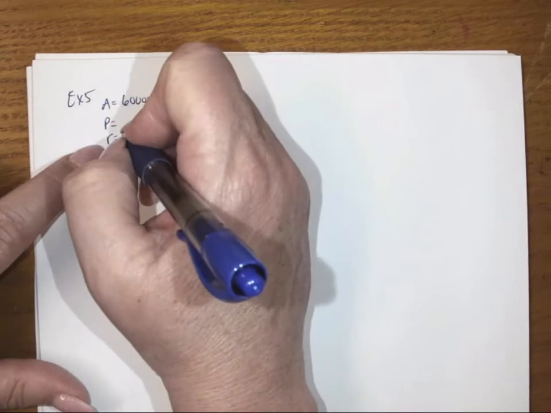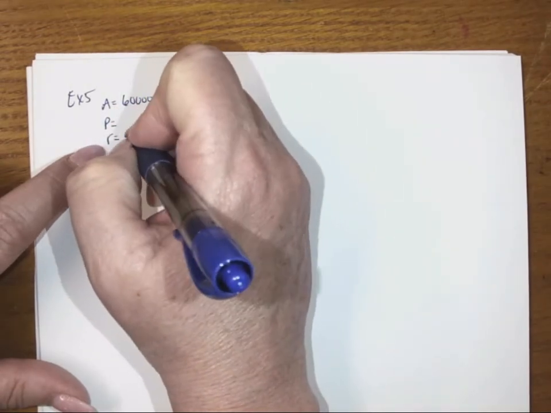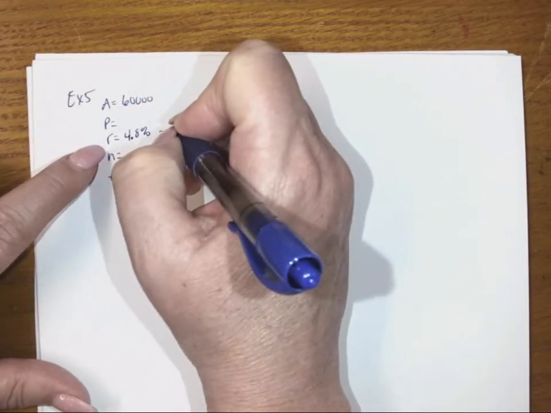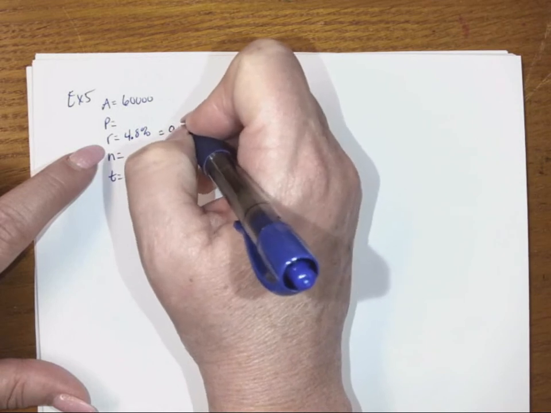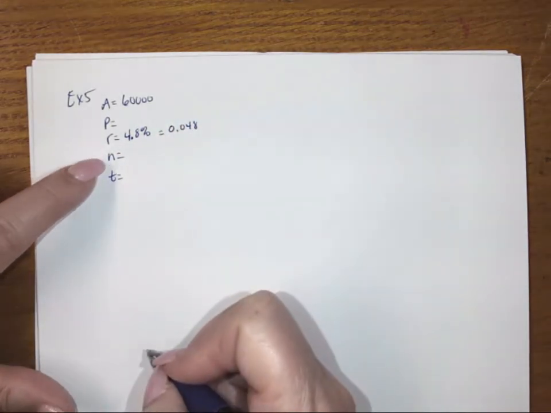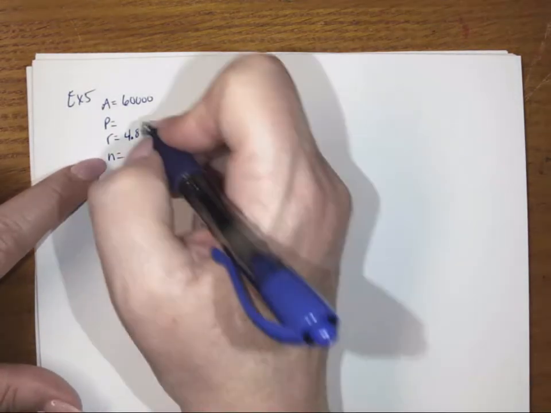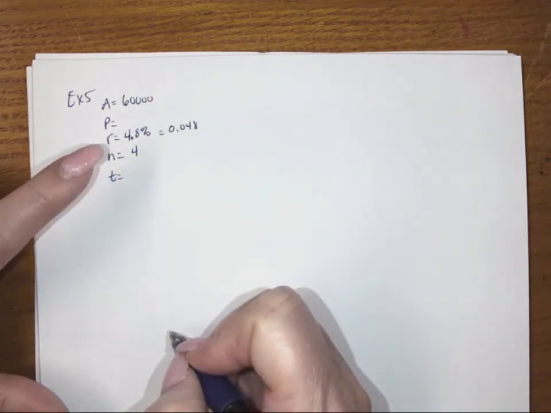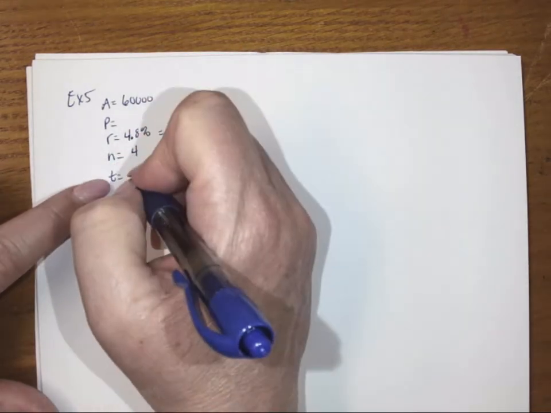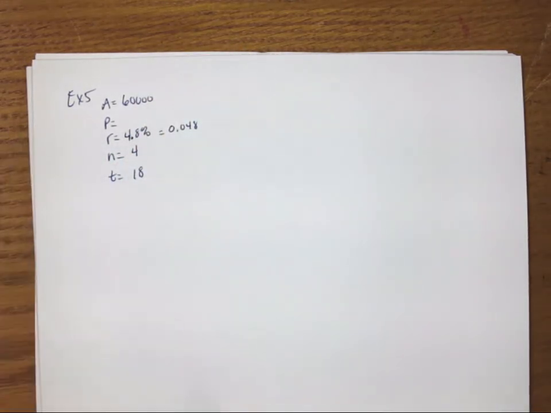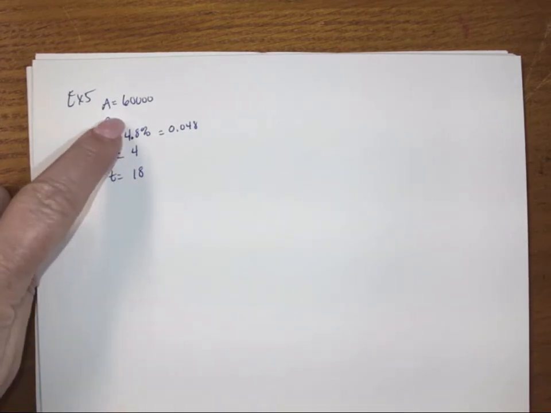The interest rate is 4.8%, which will then become 0.048. It is compounded quarterly, so that tells us it's 4, and the time is 18 years because that's how old the child will be when they're wanting the $60,000. So the one we're trying to find then is our principal.